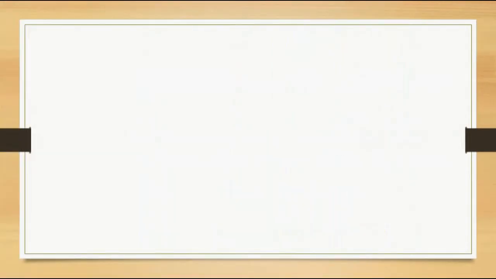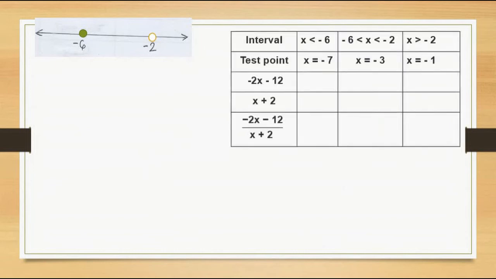Now let's make a number line containing negative 6 and negative 2. For negative 6, that is a shaded circle, while on negative 2, that is a hollow circle. Then let's make a table. The intervals are x less than negative 6, negative 6 less than x less than negative 2, and x greater than negative 2.